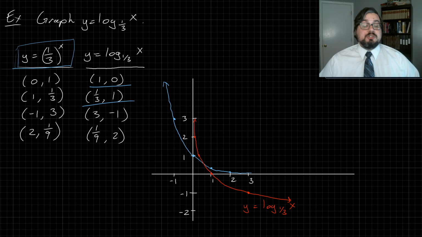Furthermore, transformations of these functions, such as shifting up and down and left and right, stretching and compressing vertically and horizontally, work just as well on the logarithm functions as on any others. So you can do that.